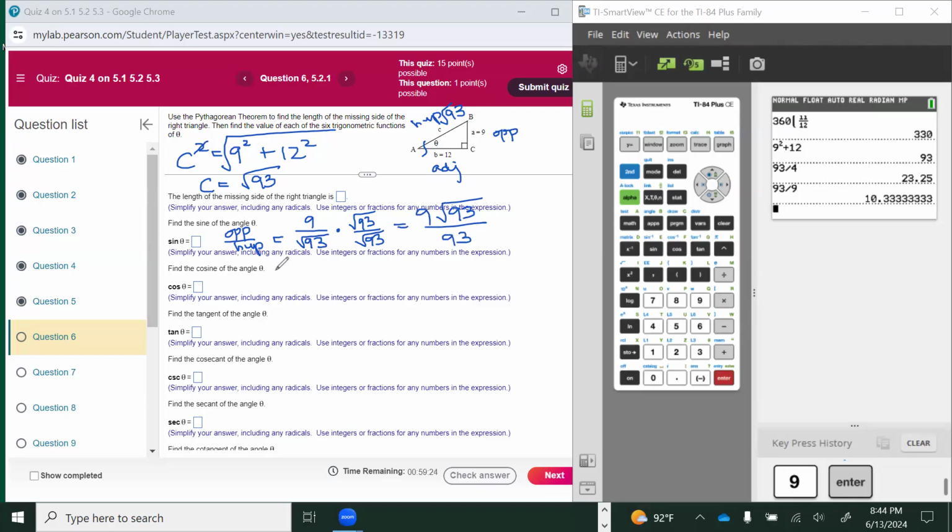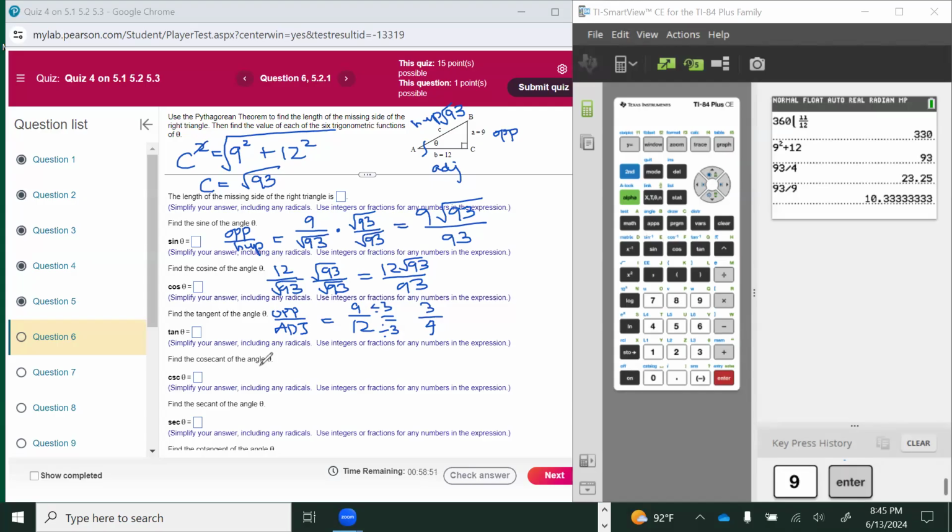Cosine is the adjacent over hypotenuse, so that'll be 12 over square root of 93. So if we multiply that by square root of 93, we get 12 square root of 93 over 93. Tangent is opposite over adjacent. And so that's going to be 9 over 12, because we can divide both the top and the bottom by 3. We can reduce that to 3 over 4.